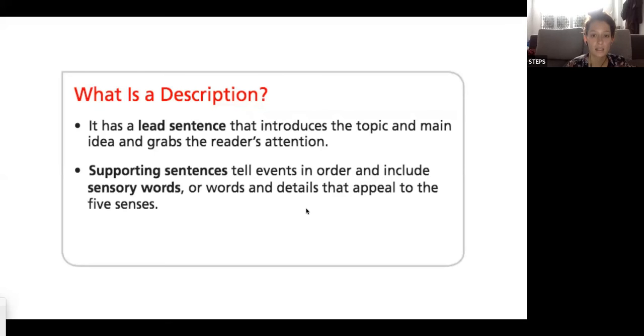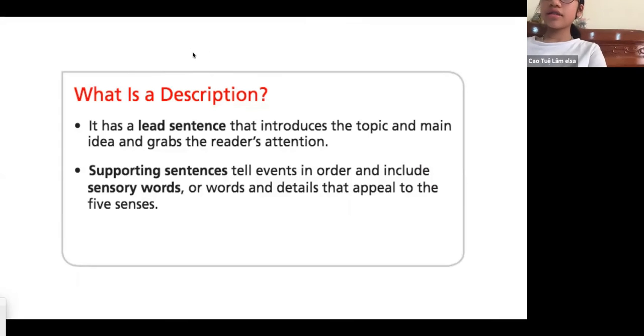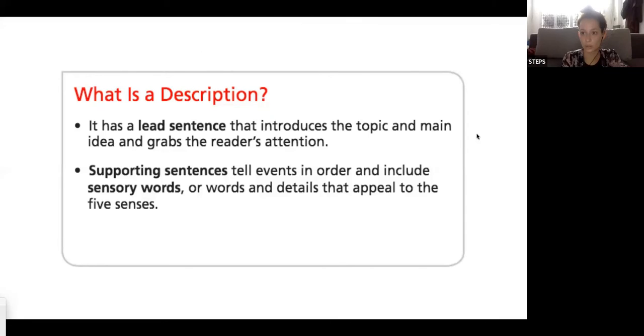Supporting sentences tell events in order and include sensory words, or words and details that appeal to the five senses. So what are our five senses? Who can tell me one of our senses? Sight. Good job. What's another sense that we know of?